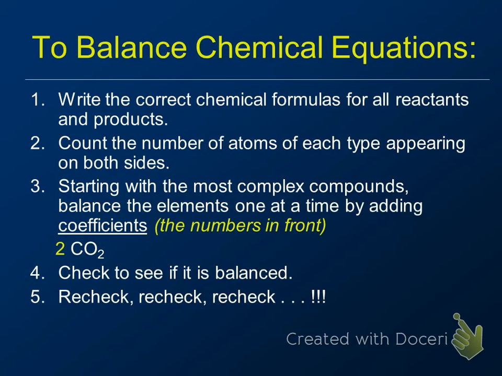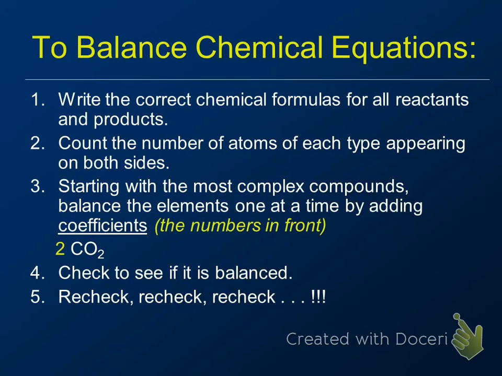Then you're going to start with the most complex compound that you see and start balancing the elements one at a time by adding coefficients, which, remember, the coefficient is going to be a numerical value in front of the element symbol or in front of the formula that tells you how many molecules of that element or compound that you have.